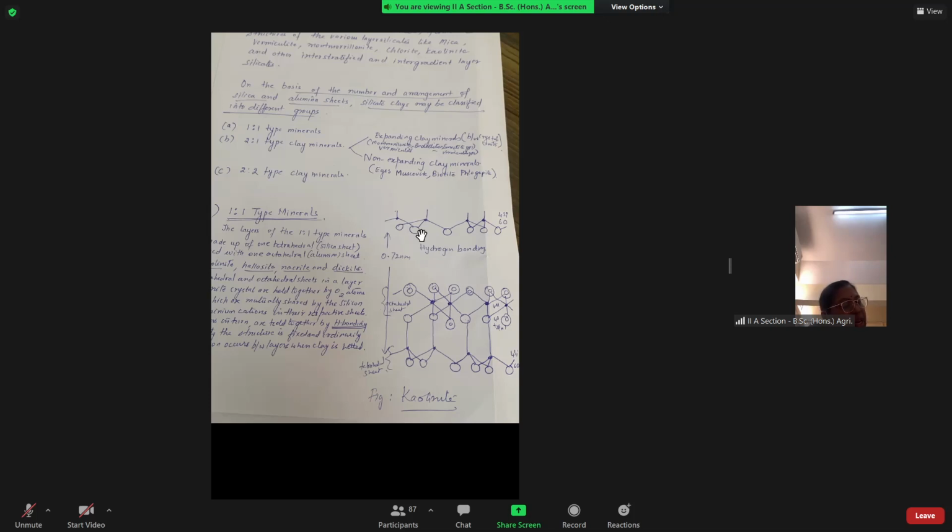Vermiculite crystals are larger than smectites but smaller than kaolinite. So you should remember these sentences. So that is the expanding type of clay minerals.